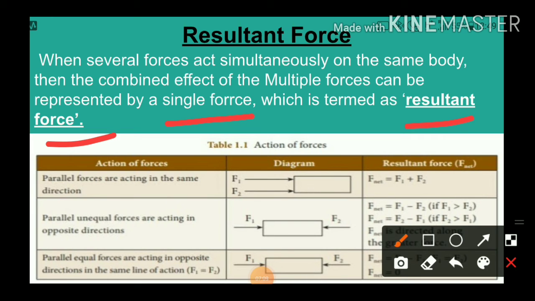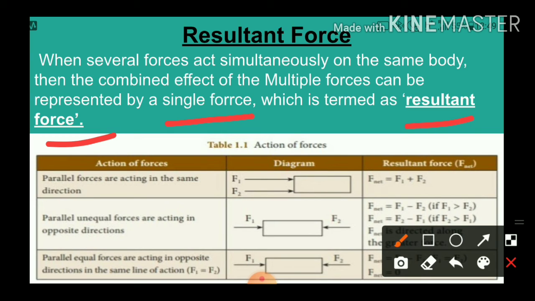This resultant force has different actions of forces, where we are going to see the action of forces in diagrams and the resultant force. Parallel forces are acting in the same direction.